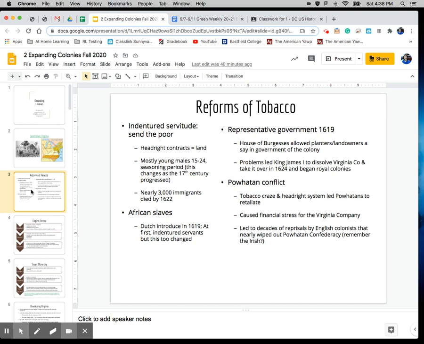And over time, over the 1600s, this system changes dramatically. It goes from a system that is a variation of indentured servitude to straight up slavery, with a whole different set of codes, a whole different set of laws. And they start to attach slavery to your race, right?